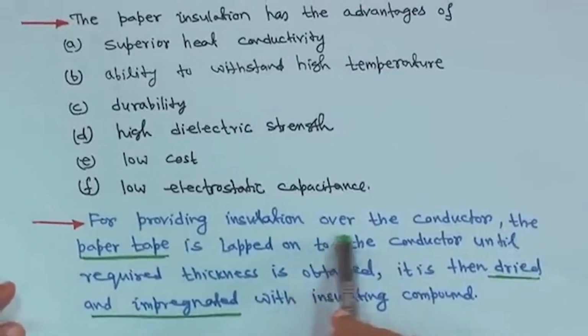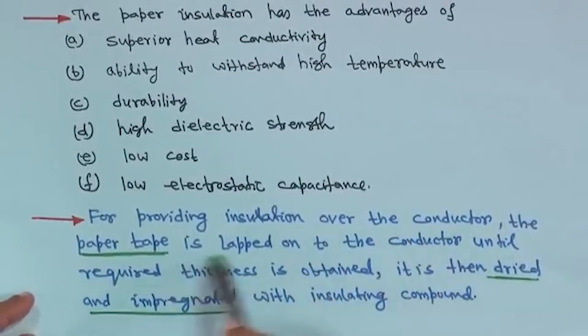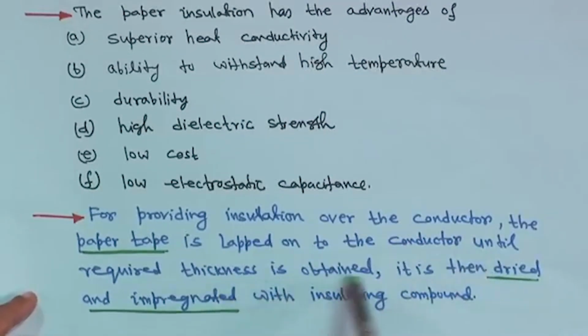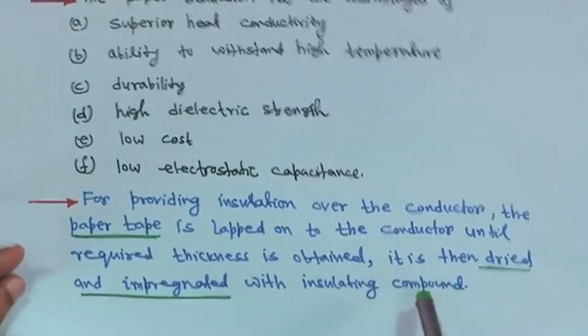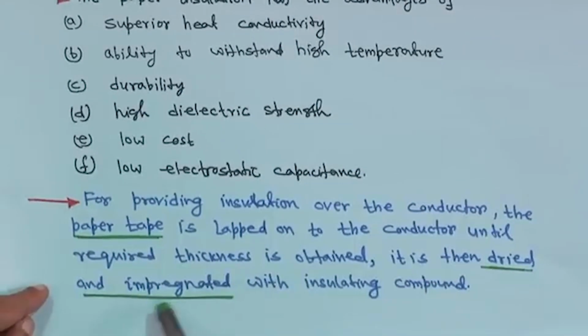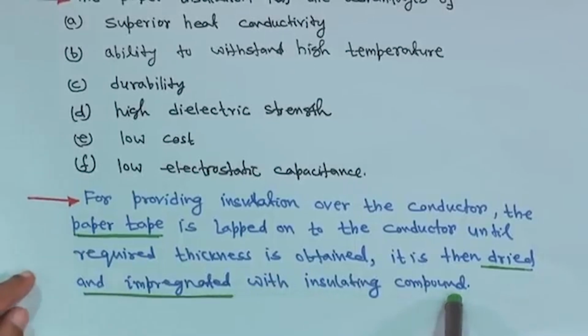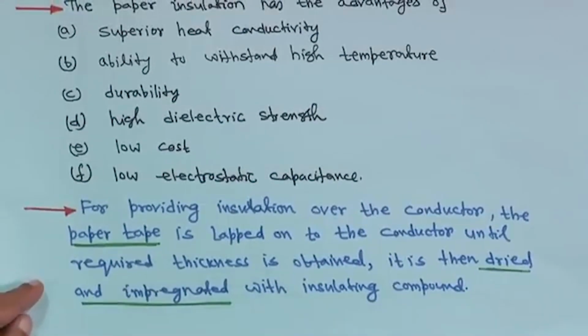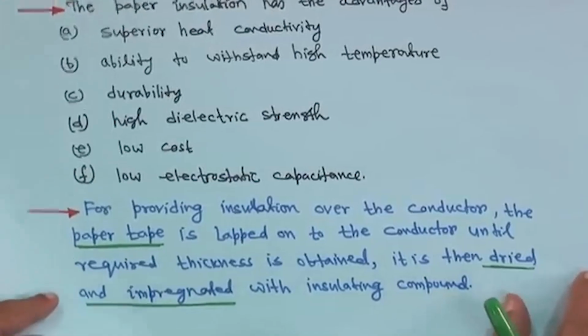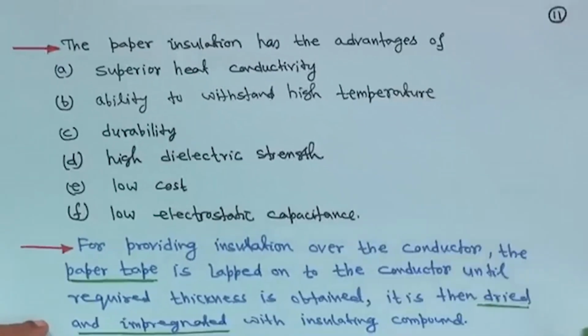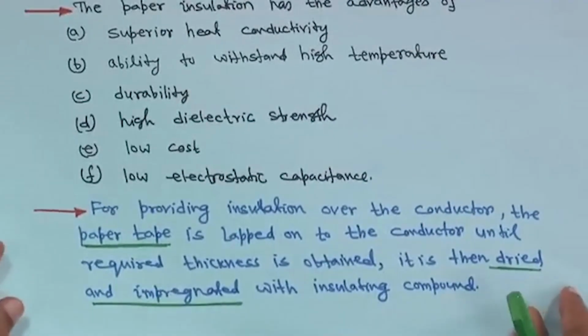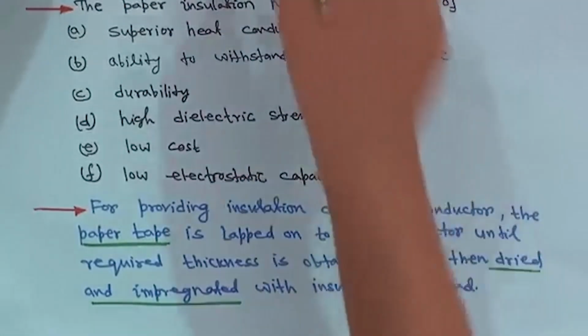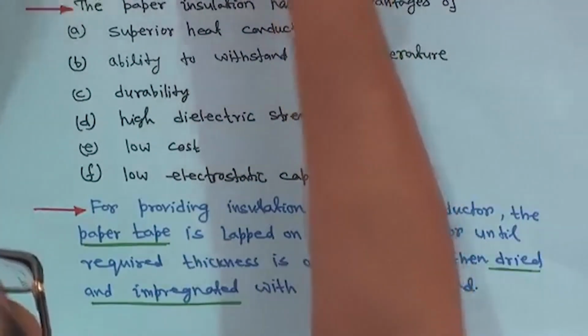And for providing insulation over the conductor, the paper tape is lapped onto the conductor until the required thickness is obtained. It is then dried and impregnated with insulating compound, right. The manufacturing process is not easy, that is why cable is very expensive, right. So, that is paper insulation.